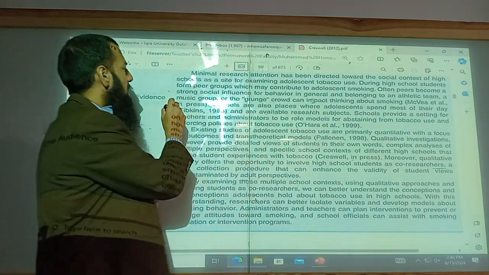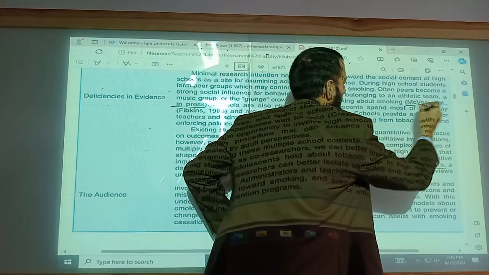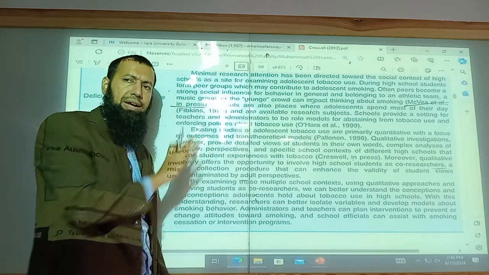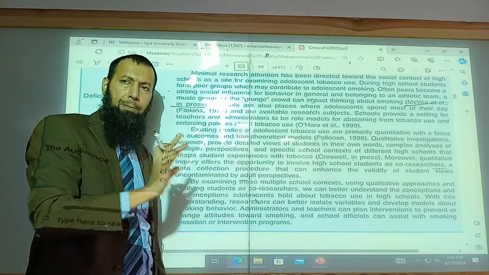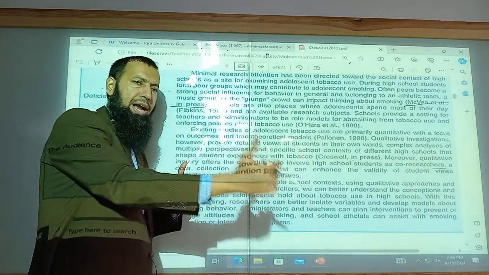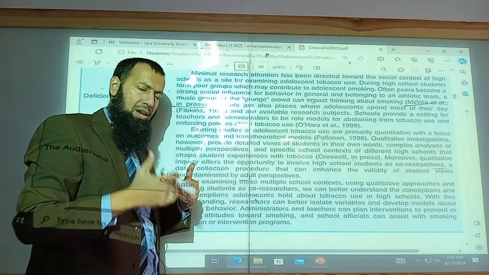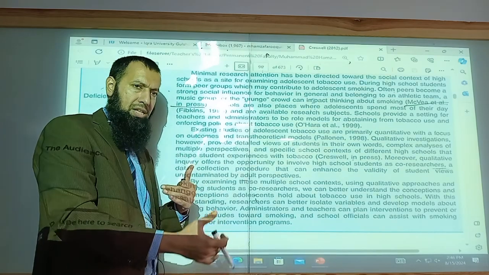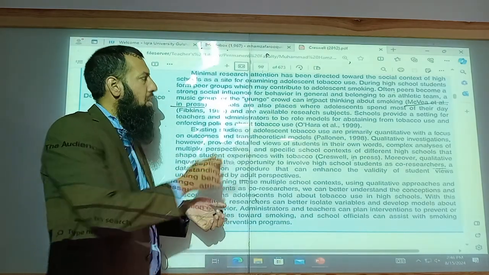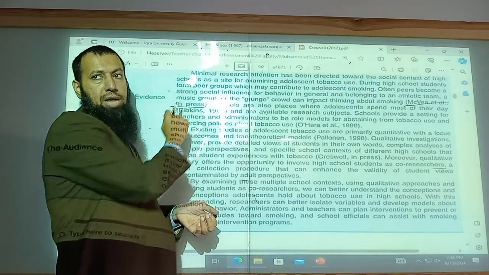So you see, whenever you make your point, whenever you make an argument, you always cite. You cannot complete your sentence without citation. What does that mean? It means you can write a sentence, and when you require additional sentence to complement your point, to argue, to make a strong argument, you always come up with the citation.